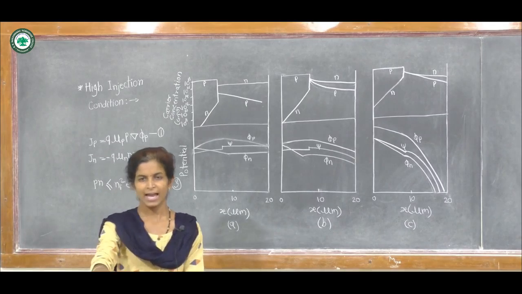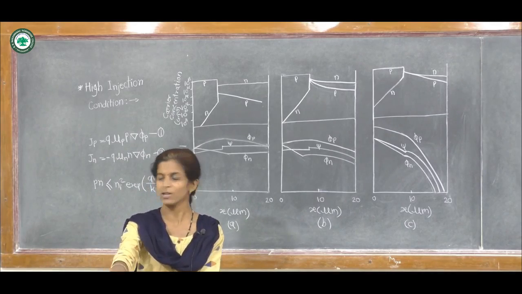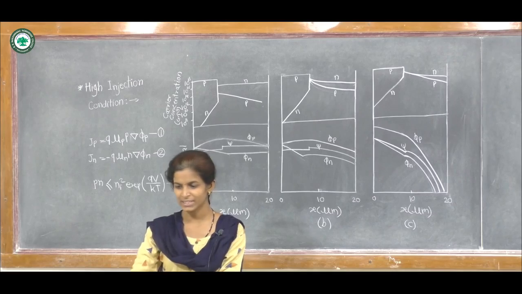Even under high injection condition, this product pn must be less than or equal to ni square exponential of qV by kT.